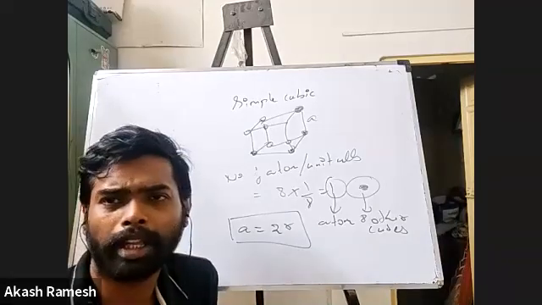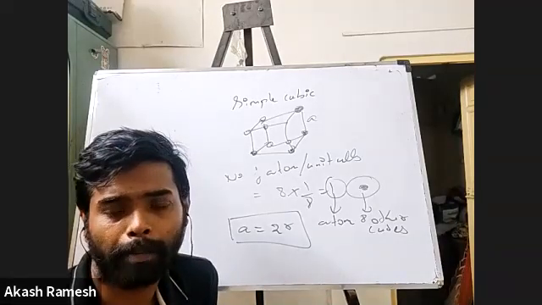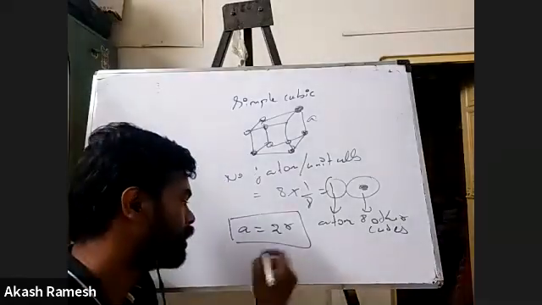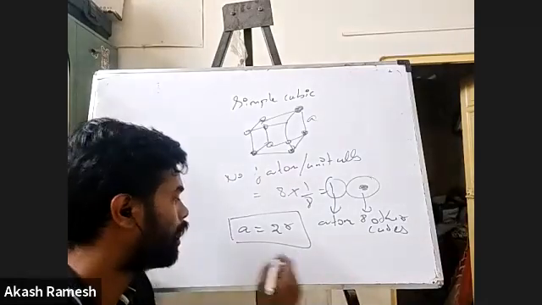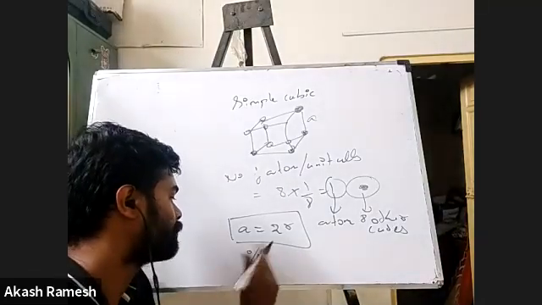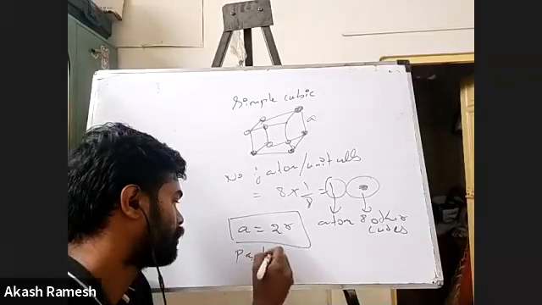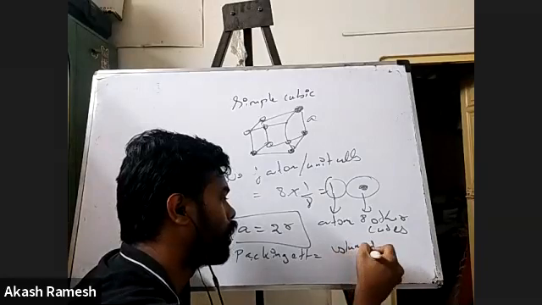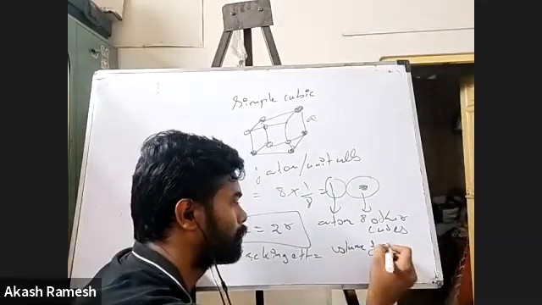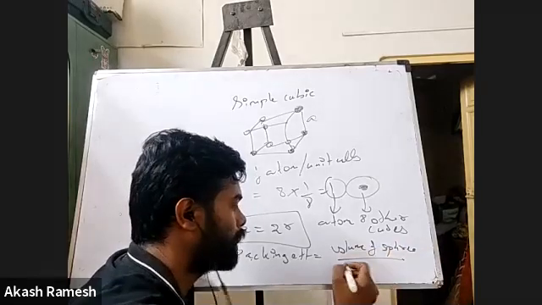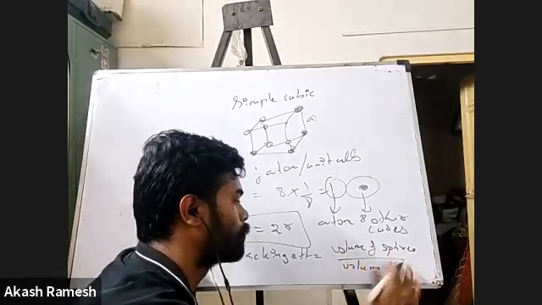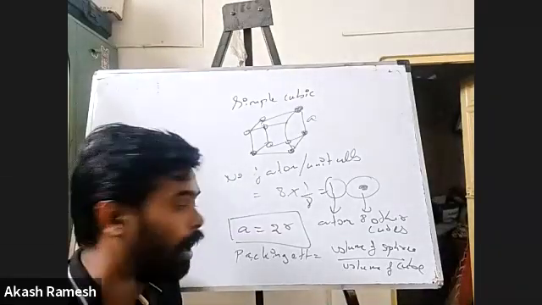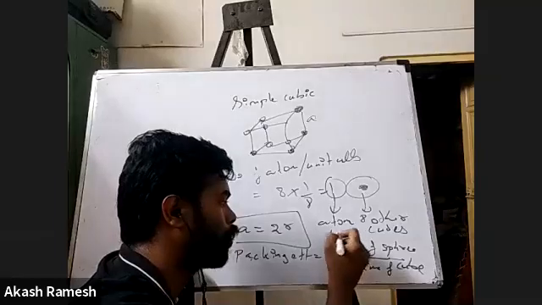Then if they ask you to find the packing efficiency, you just put this in. Packing efficiency will be the volume of the sphere divided by the volume of the entire cube. The volume of the cube is A cube, and the volume of the sphere is 4 by 3 pi r cube.